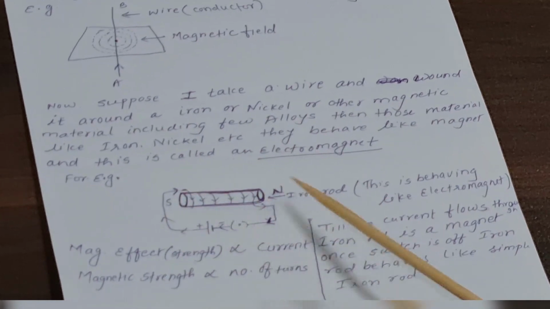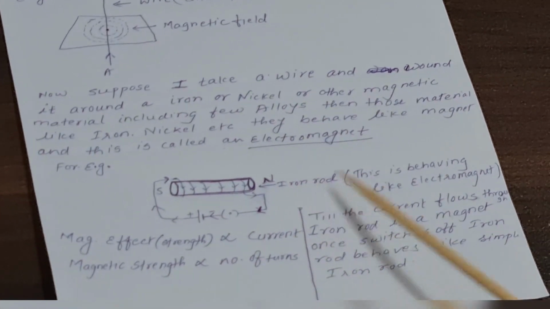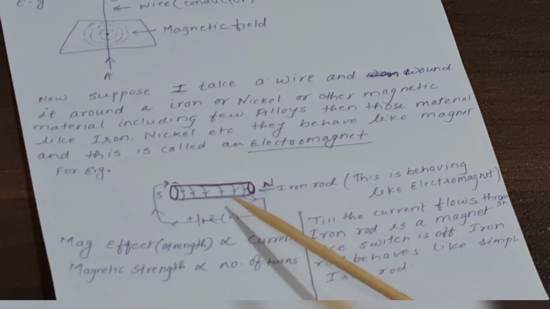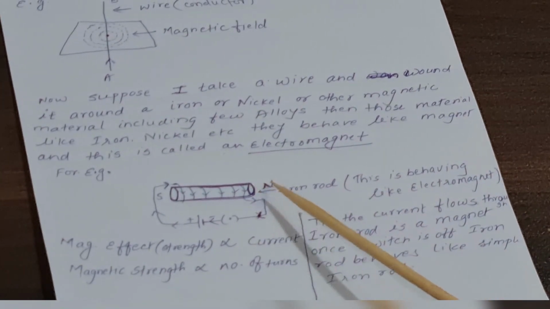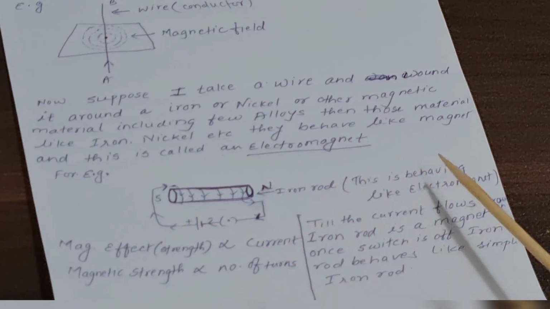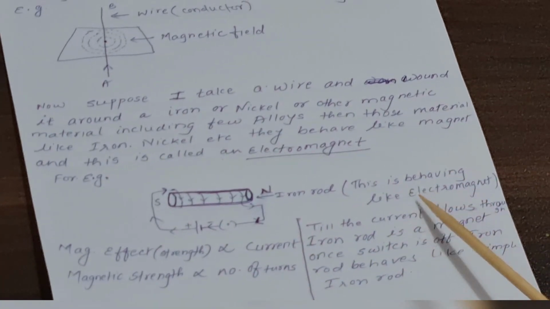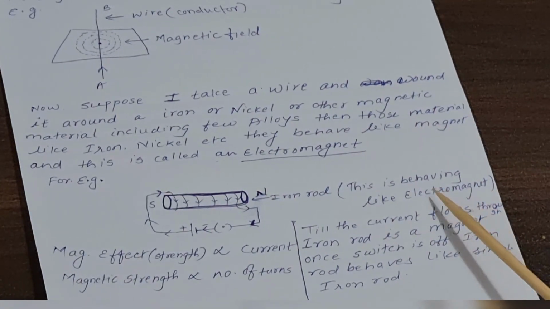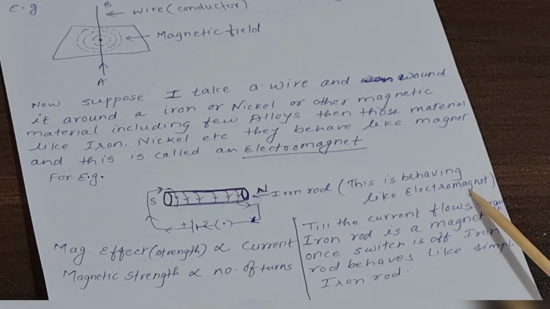Till the current is flowing, this iron rod is going to behave like a magnet, and we call it an electromagnet because the magnetic effect produced in the iron rod is because of electricity. So electromagnet is made up of two words, electricity and magnet. Because of the electricity, when magnetism is produced, we call it an electromagnet.